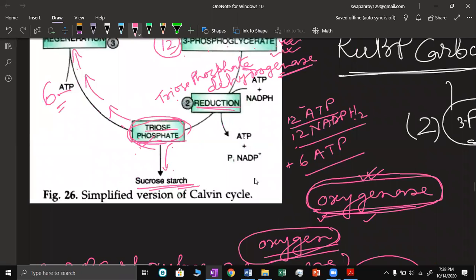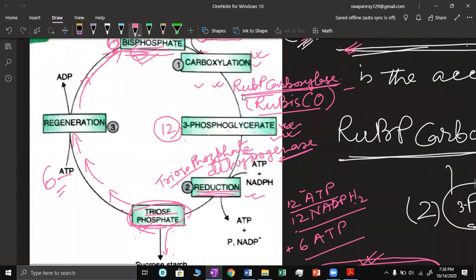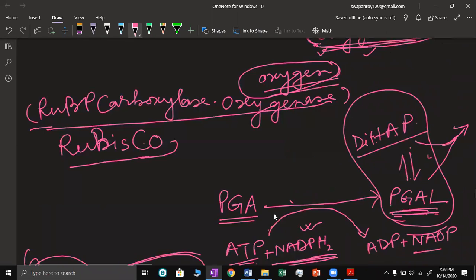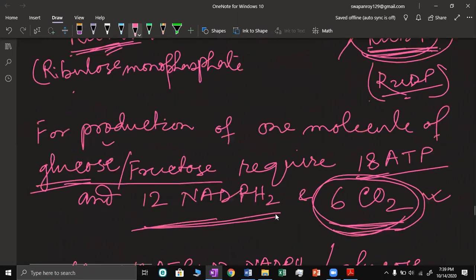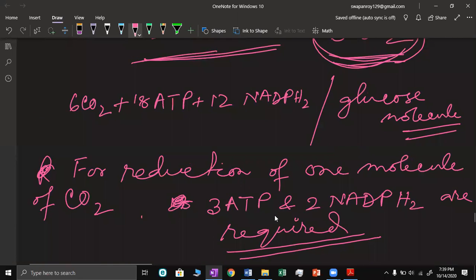And then what is the next compound after the reduction? What are the enzymes here that you have to remember? Okay, any question?